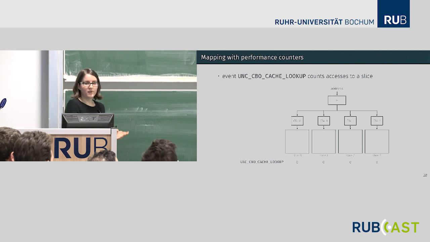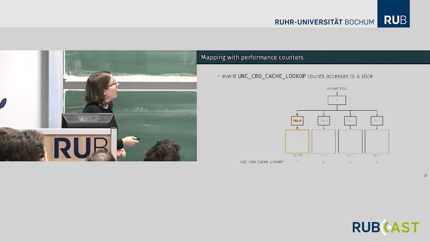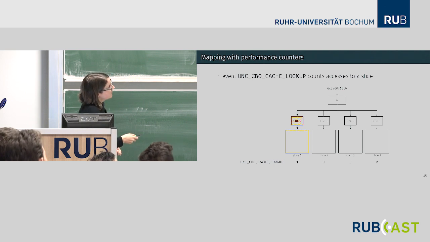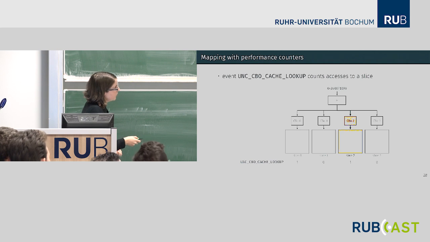And we have a particular event called UNC_CBO_CACHE_LOOKUP, for uncore C-Box cache lookup, and this event counts accesses to one slice. So the idea is that we have one address. It goes through the hash function. Here it goes to slice 0, and then the UNC_CBO_CACHE_LOOKUP event counts +1. The same goes for a second address, which goes to slice 2, +1 here, and so on.